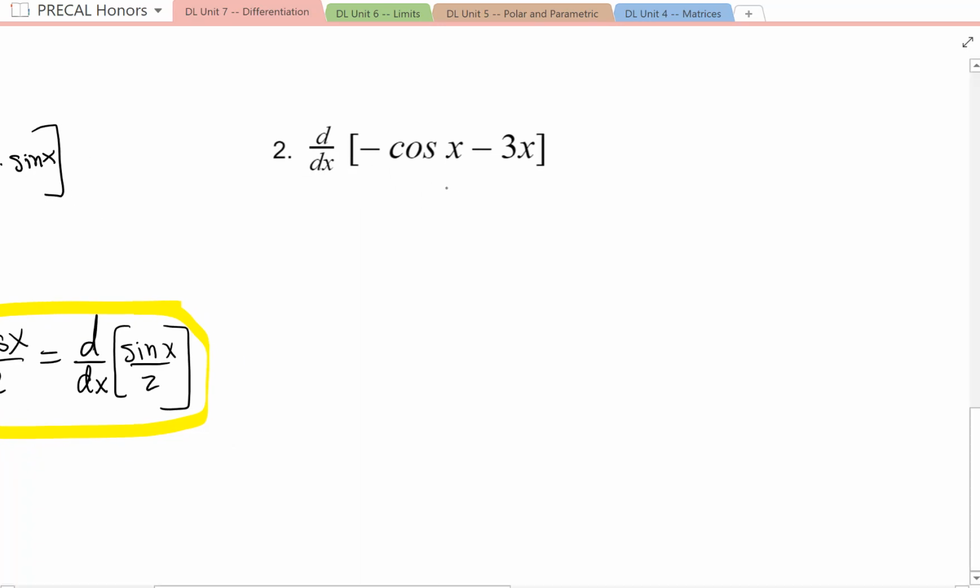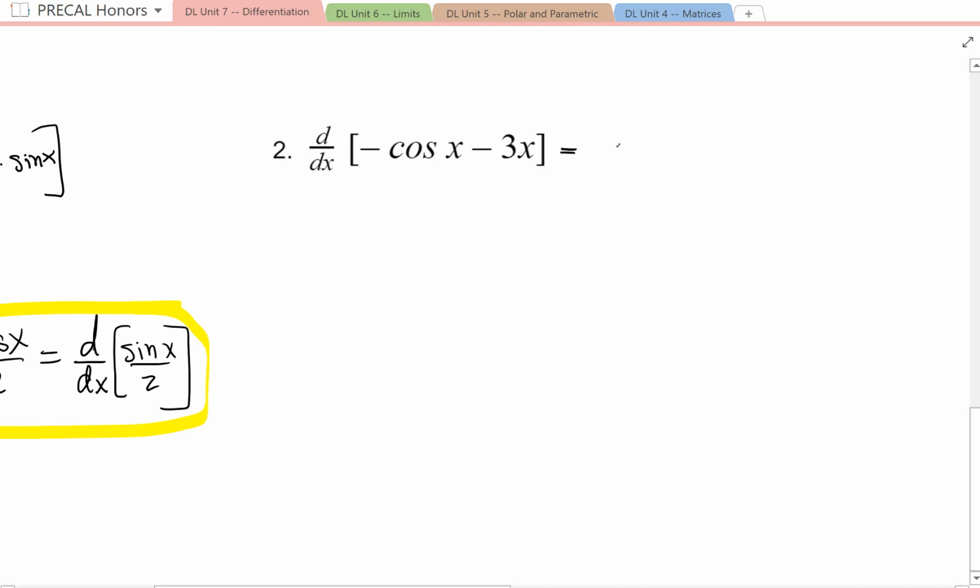The derivative of a difference. Okay, you have negative cosine x and then minus 3x. The rule for a difference of functions states that you can take the derivative of each function separately and subtract.